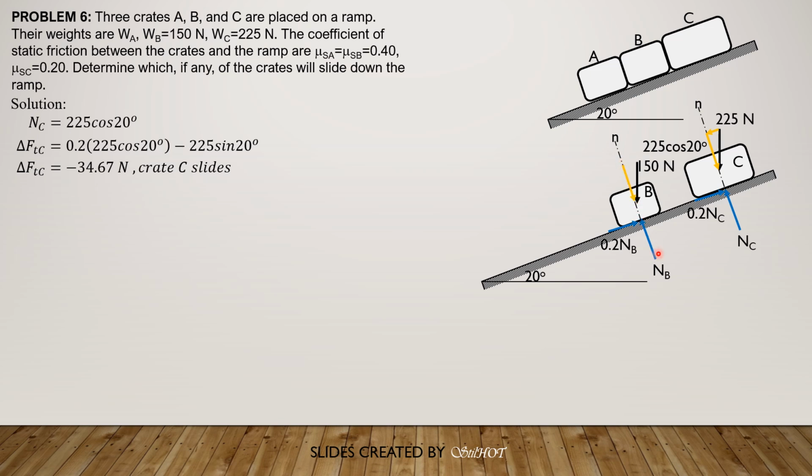This normal component of weight is 150 cosine 20, and the tangential is 150 sine of 20. Then let's transmit the force. So NB is 150 cosine of 20.